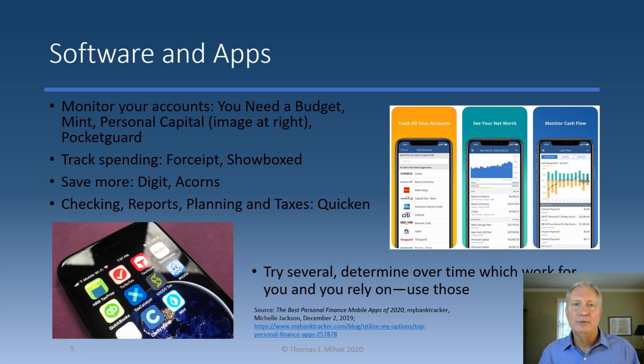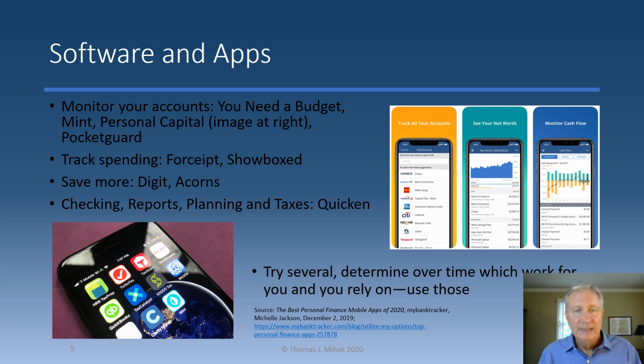Pocket Card is another one. To track your spending, you might use Foreseeit or Shoeboxed. If you want to save more, you might try Digit or Acorns, and then you have the old standby, but it's a great product for checking, doing personal reports, planning, and your taxes, Quicken.